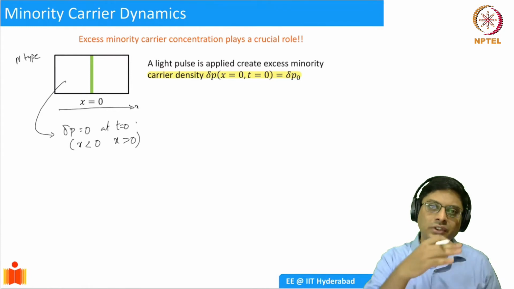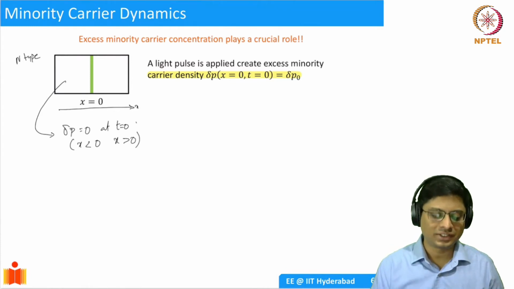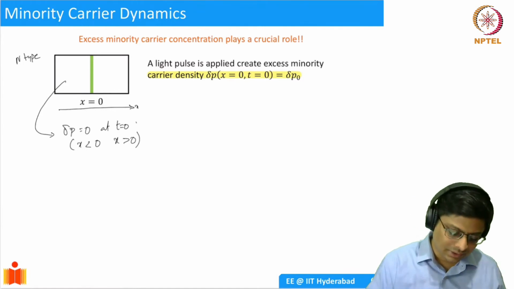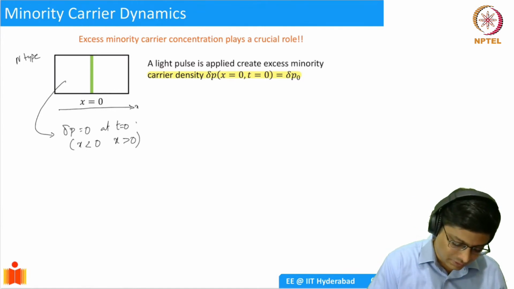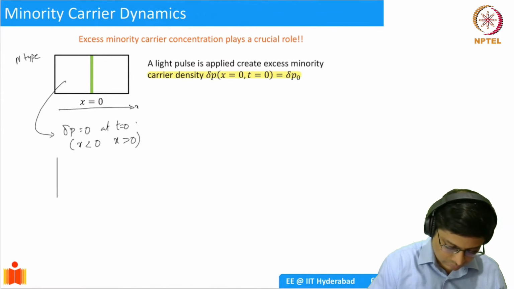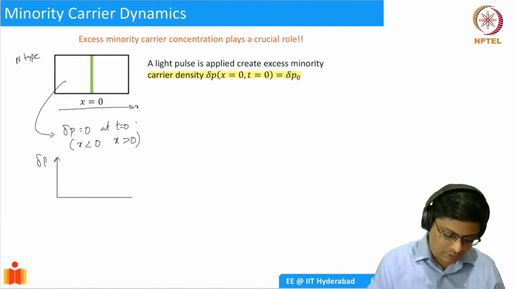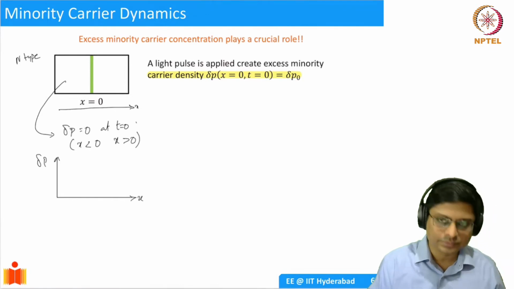At every other place, there are no excess minority carriers. So there is a concentration gradient, and we saw that there is a diffusion process that happens whenever you have such a situation. So what will happen is the initial, if I plot out, let me plot, this is delta P versus x.